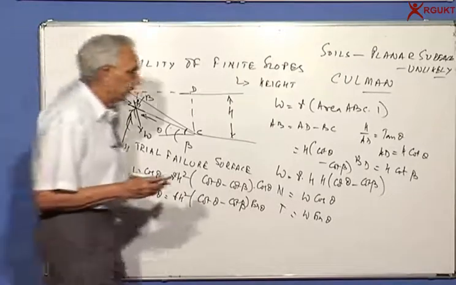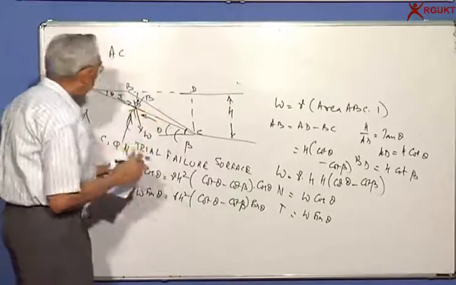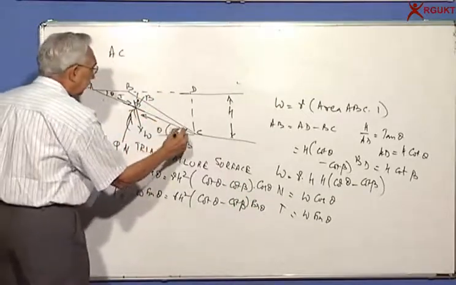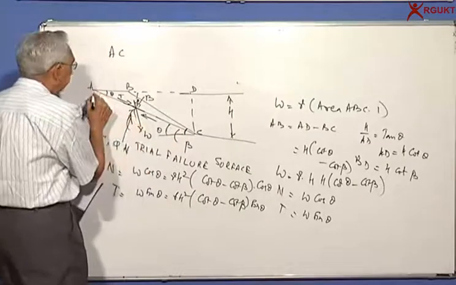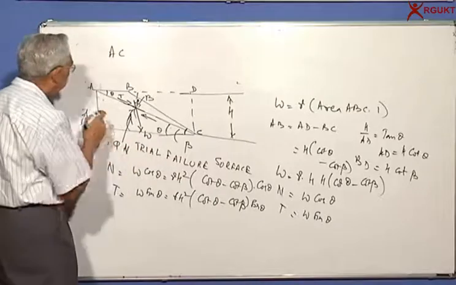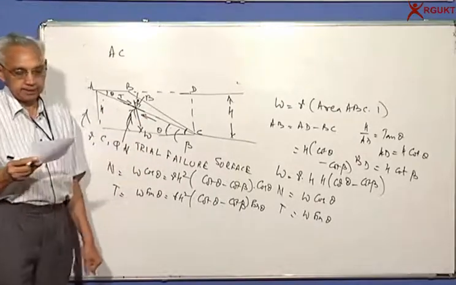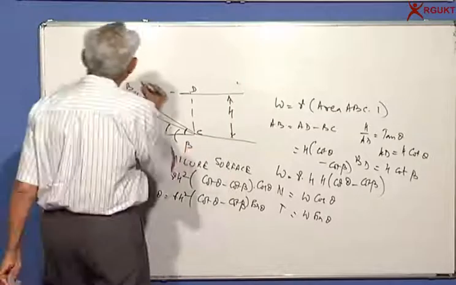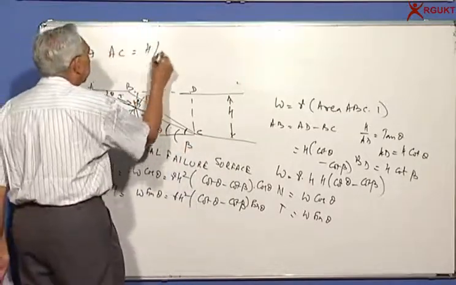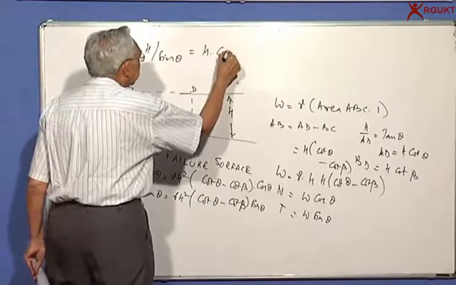So we need to find out the length AC. AC would be equal to, please note again, this angle is theta, and this is h. So it will be equal to h by sine theta, or shall we say h cosecant theta.